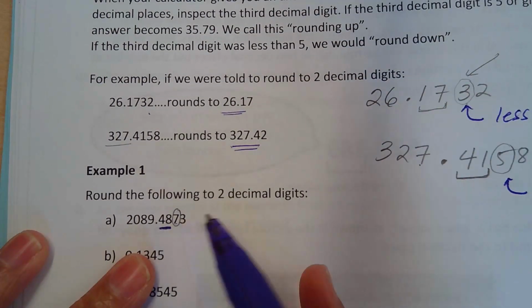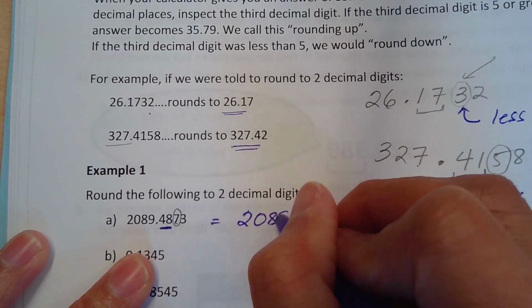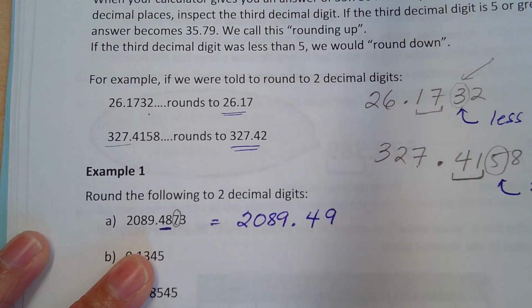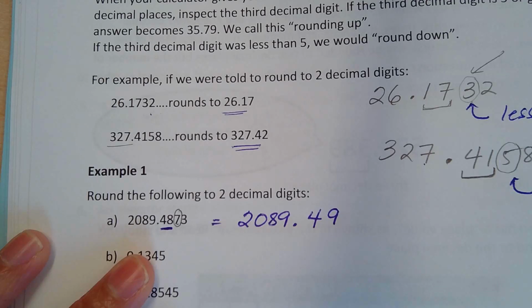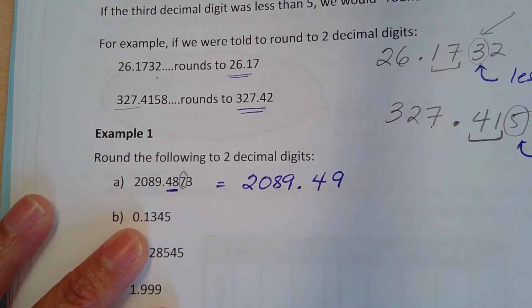Because it's more than 5. So it would become 2089.49. We're going to round up the 8 to the next number up. Is everybody okay? Okay, next one.